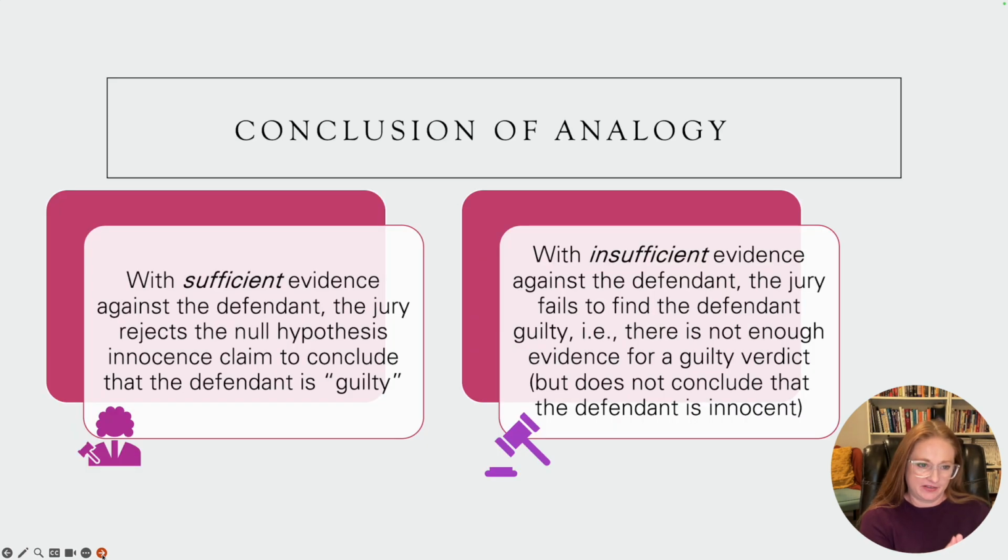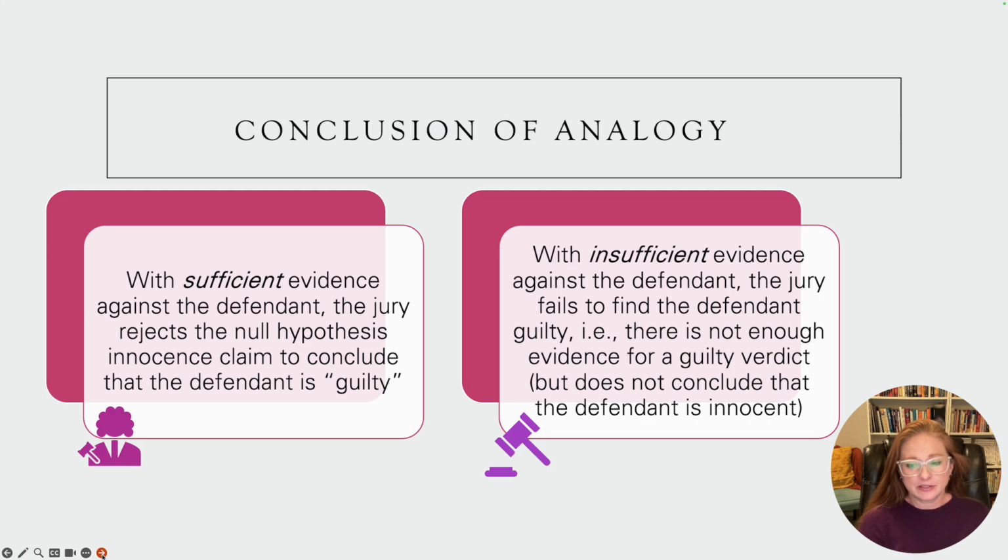With sufficient evidence against the defendant, the jury rejects that null hypothesis, rejects that innocent claim, and says, nope, you're guilty. If they can't get enough evidence, without really concrete evidence, I mean, we're talking about a lot of evidence against the defendant, the jury fails to find the defendant guilty. Okay.